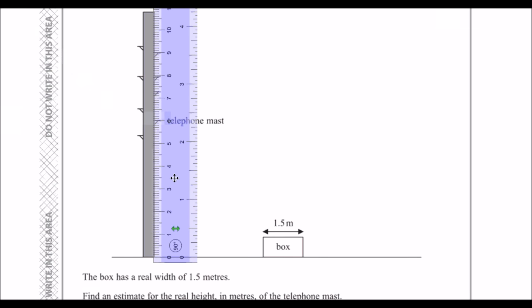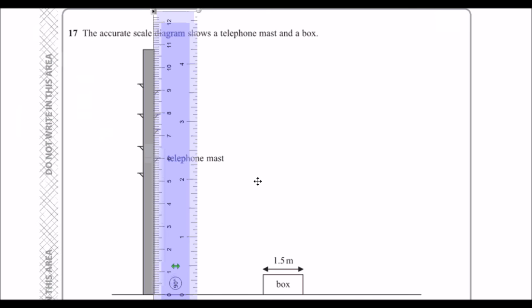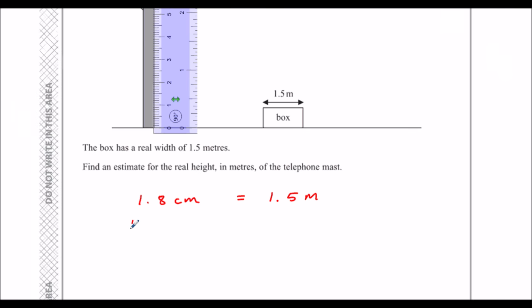So we'll put the ruler against the mast, start at 0, measure it up, and that goes up to 10.8 centimeters. So what is 10.8 centimeters in real life? We can work out what we multiply 1.8 by to get 10.8.